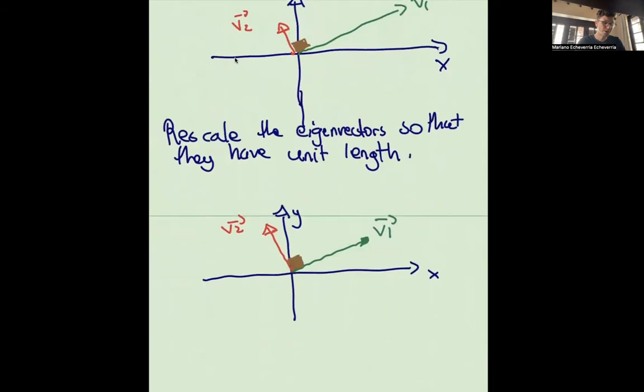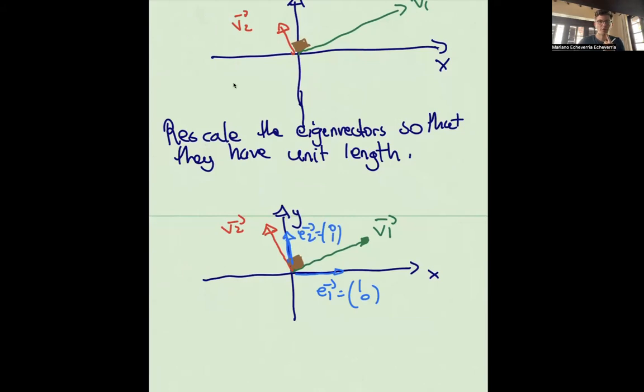This is nice because, if you call theta the angle between, remember on the x and y axis there are always these two vectors which are called E1 and E2. I don't know if you remember our friends. Here's E1, which was (1, 0), and here's E2, which is (0, 1).